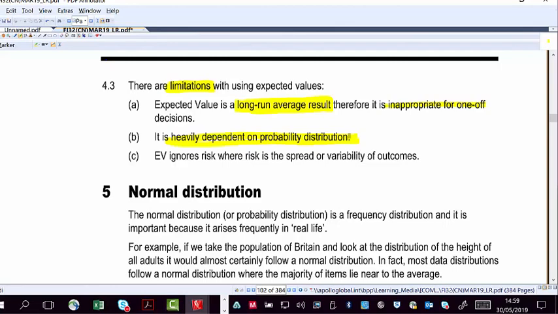If it did come first place, we would win 100, but our expected value came out very low at 15, and that was because of the probability distribution, there was a 70% chance of us winning nothing, and therefore that pulls down the expected value significantly. The final limitation is that expected value ignores risk, and the risk is the spread or the variability of the outcomes.